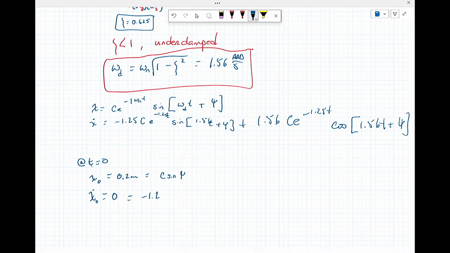And I can write, first of all, for the first one, set t equal to 0. I know it's equal to 0.2 meters. And so it's c times e to the power 0, which is 1, times sine of psi. So c sine psi equals 0.2 meters.